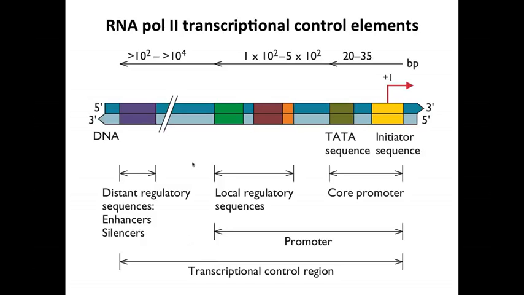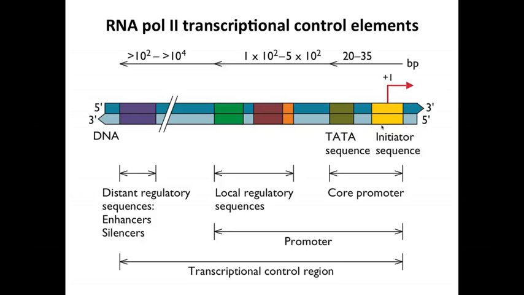So here's our double-stranded DNA, and the initiation site for transcription, or the synthesis of the mRNA, is shown by this red arrow, and that would be +1, meaning it's base 1 on the mRNA. And the transcription occurs to the right, which means that the mRNA is produced by the polymerase as the polymerase moves to the right on the template.